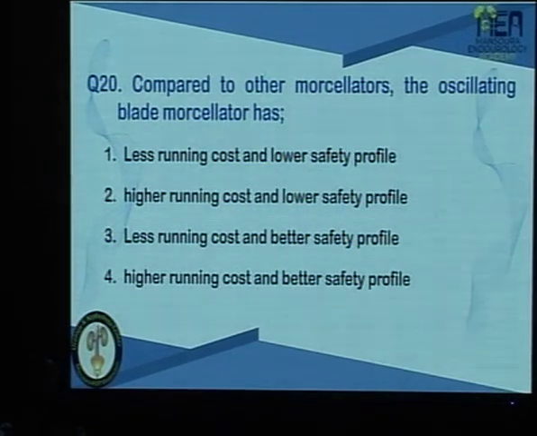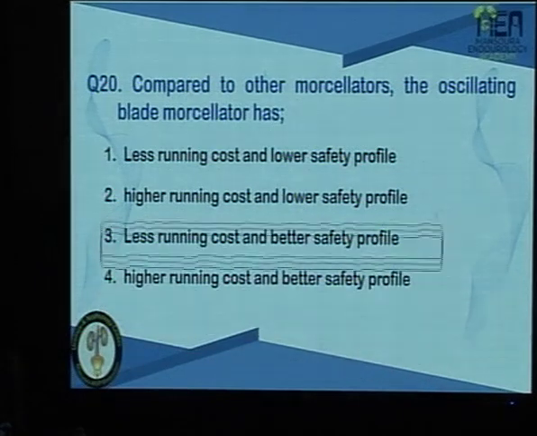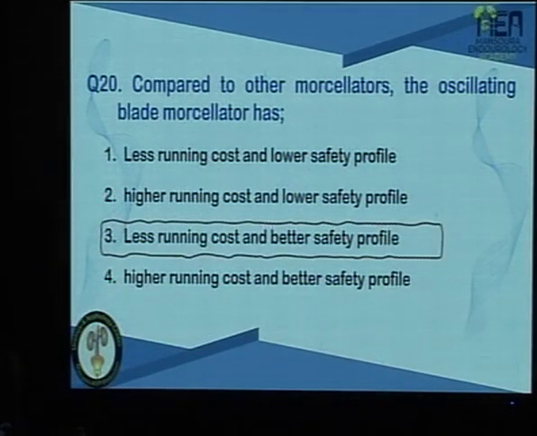What about the cost? It has less running cost. The VersaCut was the initial one. It was quite costly, but with familiarity with the procedure and the expansion of the market, the cost of the oscillating blade morcellator is much less compared to the VersaCut.